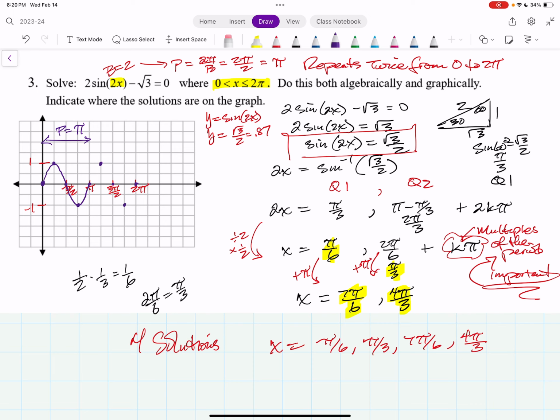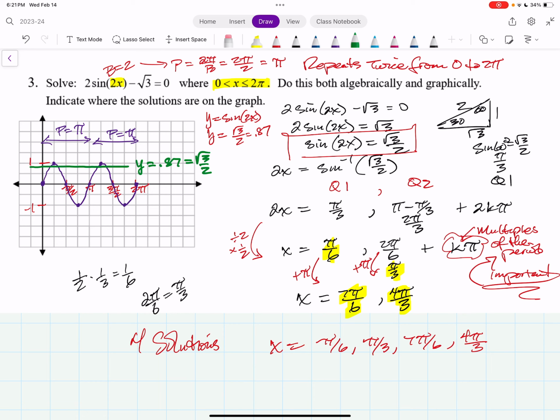But I want all solutions from 0 to 2 pi, so I've got to do it again. There's 2 periods. Period equals pi. Then all I do is draw my horizontal line at 0.87, which is a little less than 1. That's root 3 over 2.